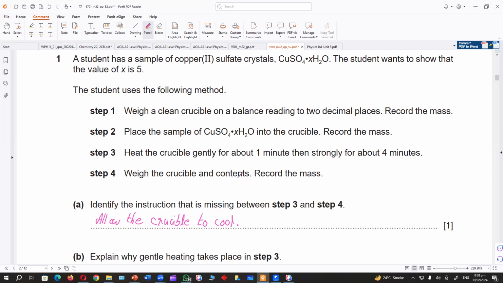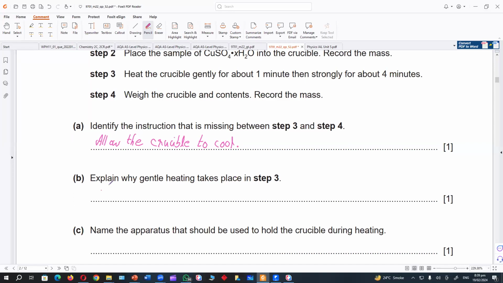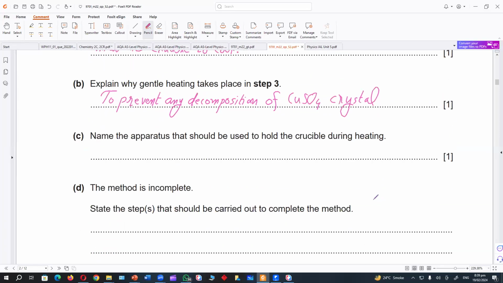Yes. So we can say that we are preventing any decomposition.